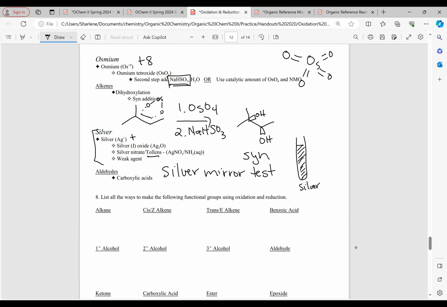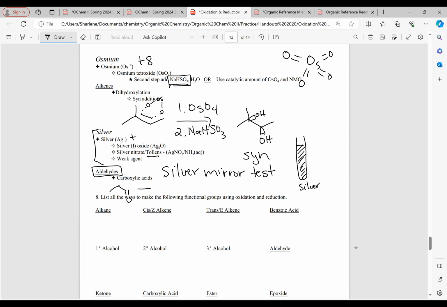So this was one of our qualitative reagent tests last semester. Hey, if you have an aldehyde, it will convert to a carboxylic acid and it will plate the silver out. Again, it's fairly selective. It's not very strong. So the only reagents that we played with were the aldehydes.